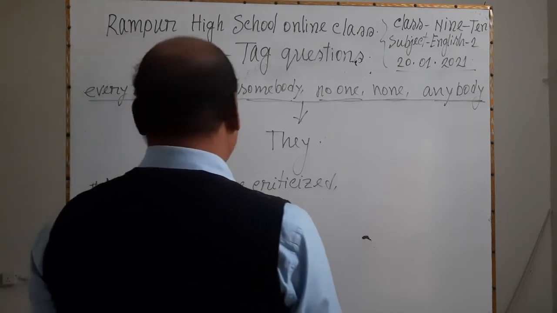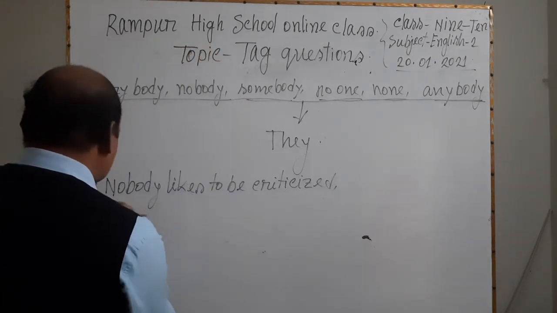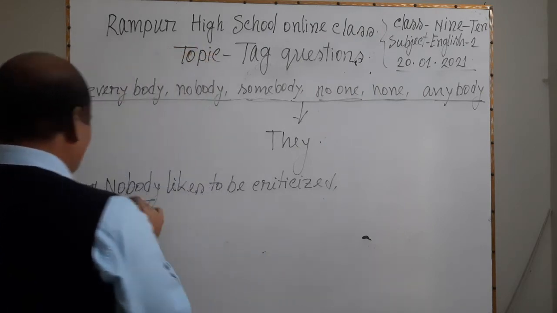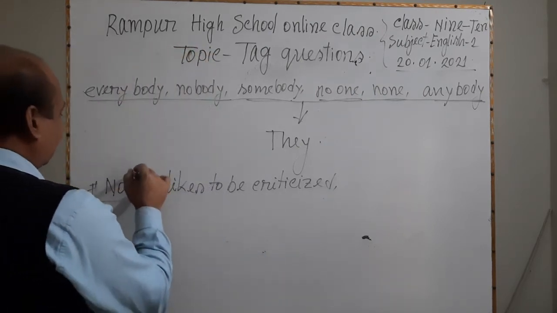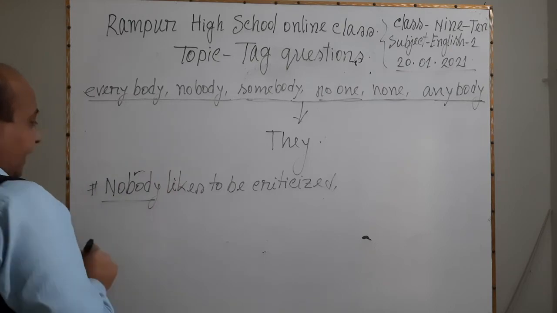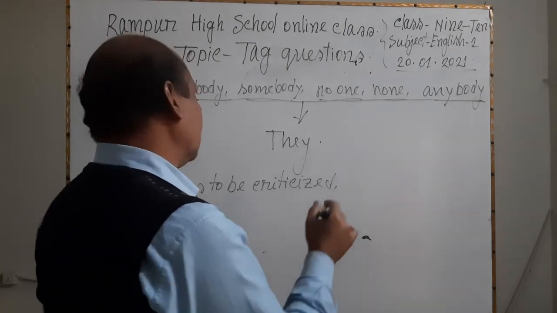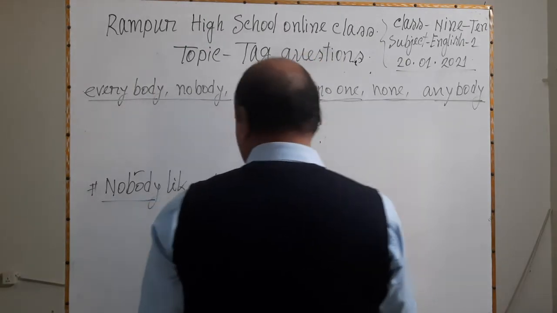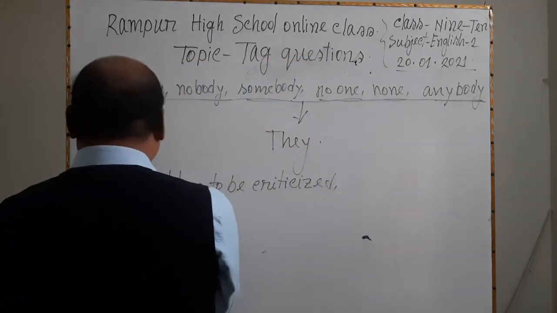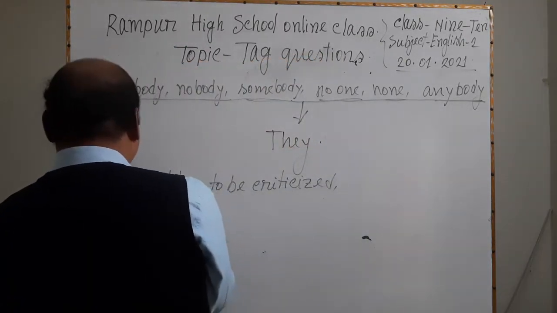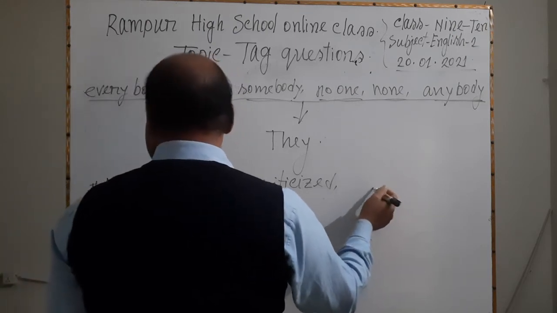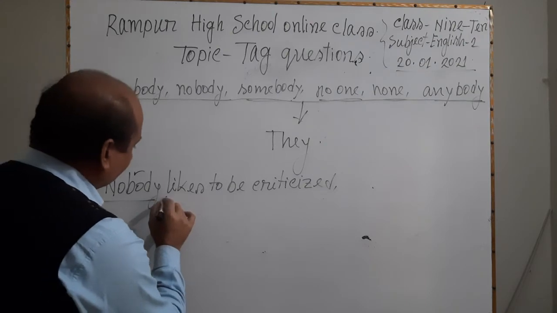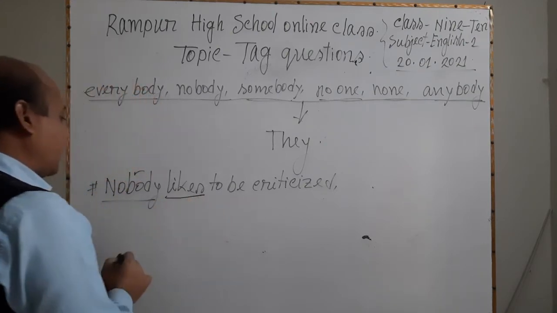Here the subject is nobody. Certainly it is a negative word, so the tag will be affirmative, and the subject in the tag question will be they, and there is no auxiliary verb here.